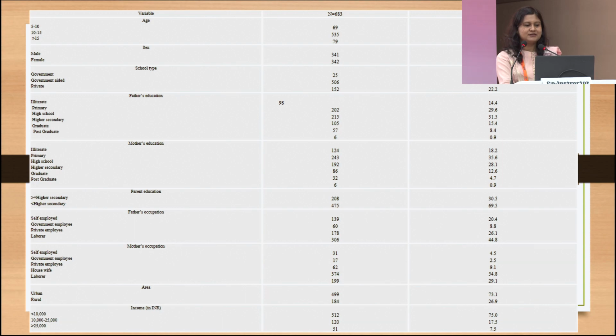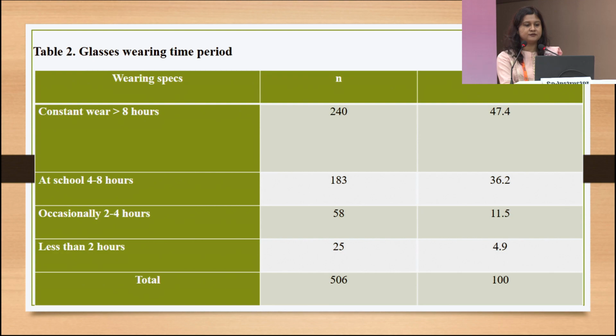These were the demographic characteristics and financial status of the parents, education of the parents, locality of the participants, and fathers' and mothers' occupation. On analysis, none of these factors were significantly related to compliance with glasses.